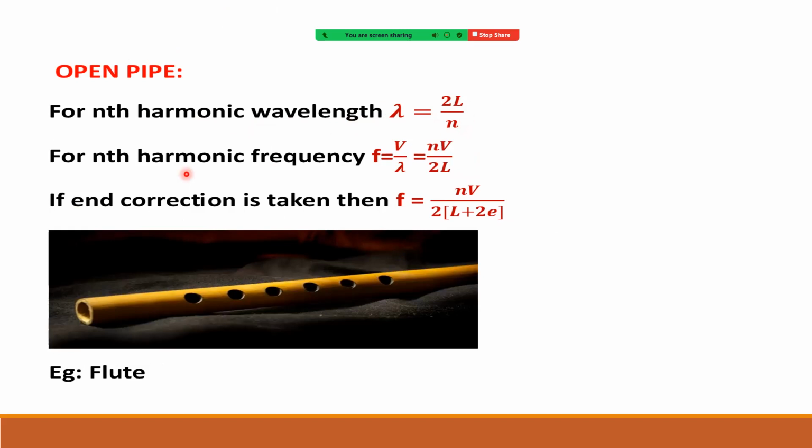Then for the nth harmonic, the frequency is n into V by 2L. So these two are taken without end correction. If end correction is taken, then f equals n V by 2 into (L plus 2E). And this is a flute. You know that. So this is the example for an open pipe.